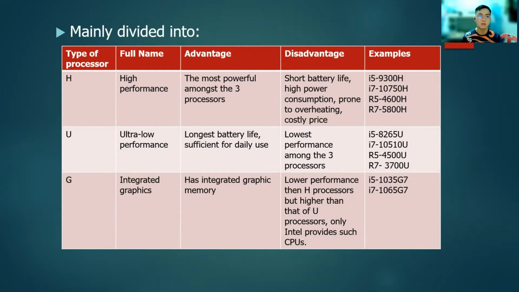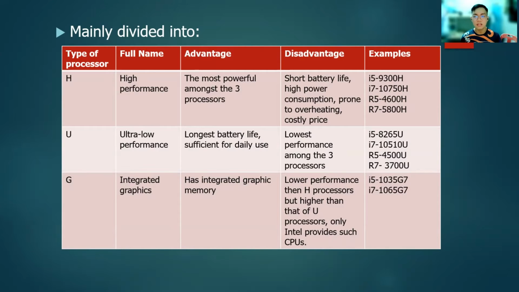The next one will be U processors, which I think most of us would choose because although it stands for ultra low power, it has the longest battery life amongst the three, which is sufficient for daily use because most of the time we are using it for web browsing, documentation, and some light gaming.